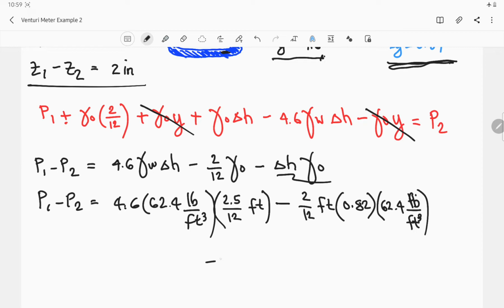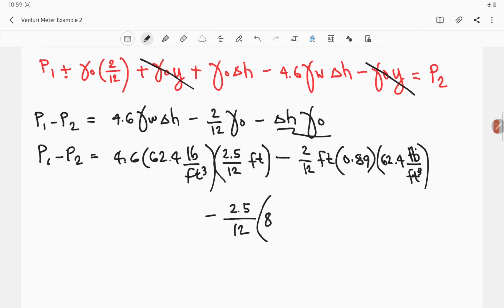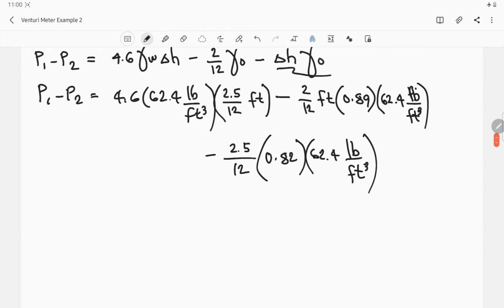That's 0.89 times 62.4. Okay, so we can simplify that one.